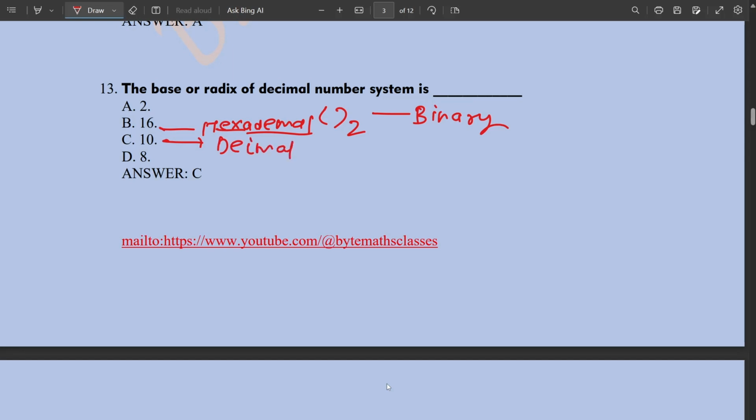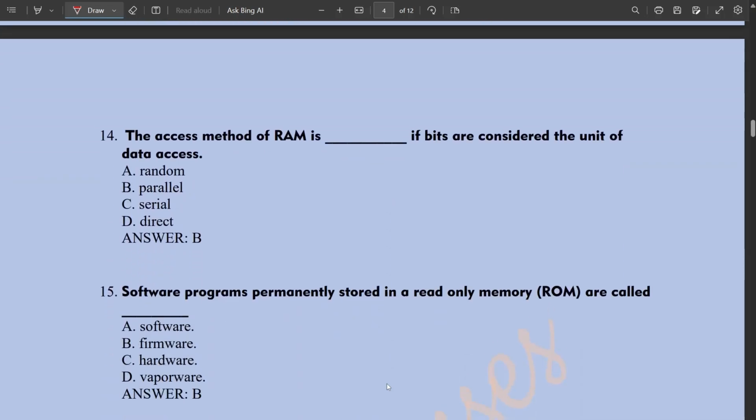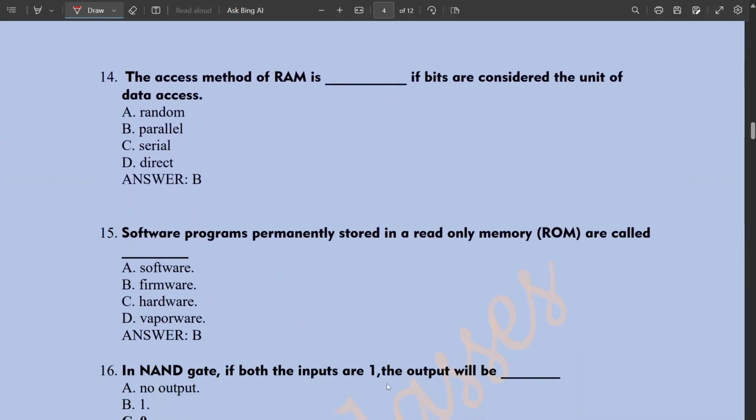So the answer is option C. Next, the access method of RAM: if bits are considered the unit of data access, option B is correct, parallel.